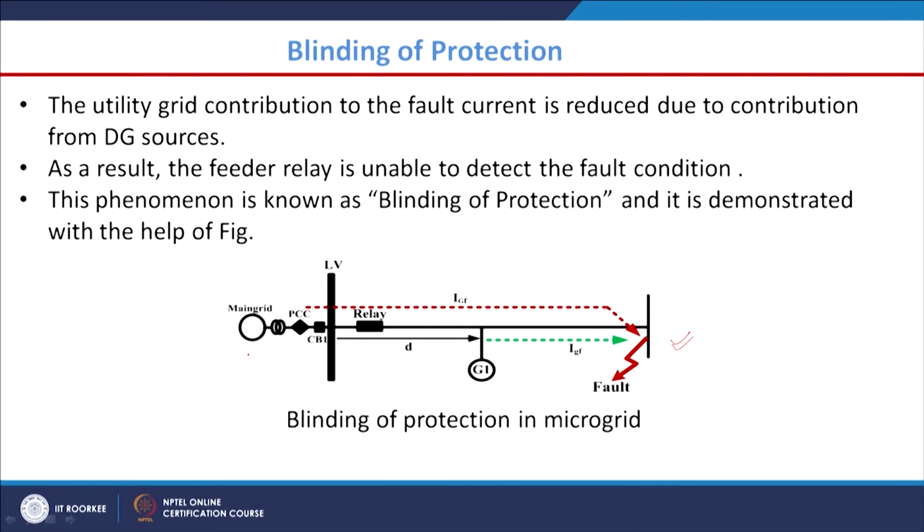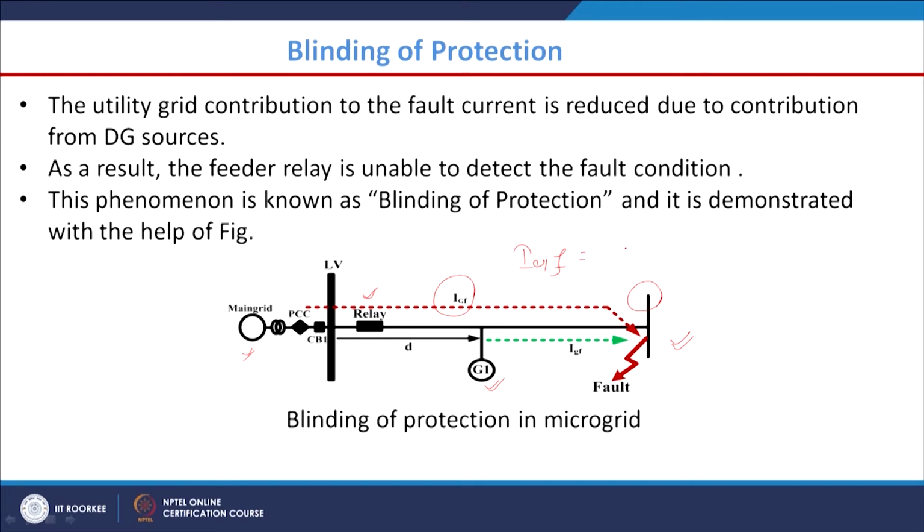Here we have the main grid and one DG connected here, and the main relay is located near the substation. Now, a fault is created at this bus. For this particular fault, the current contributed by the grid is IGF.